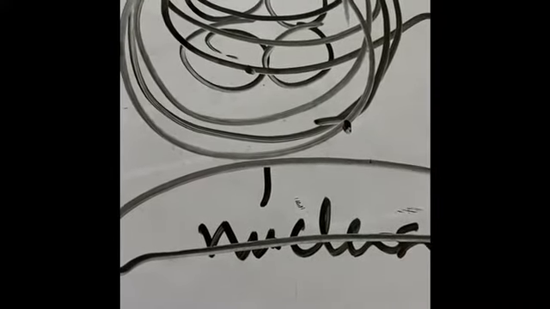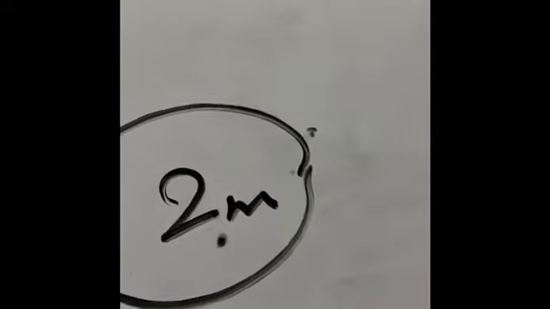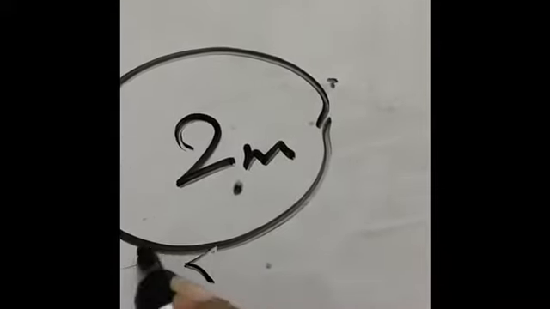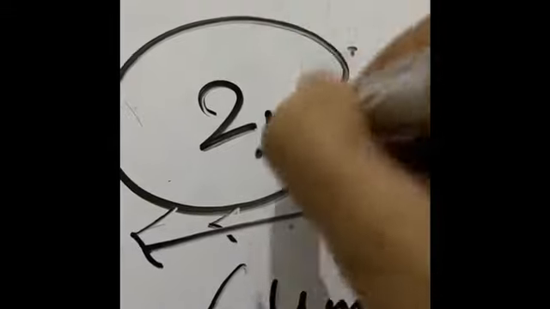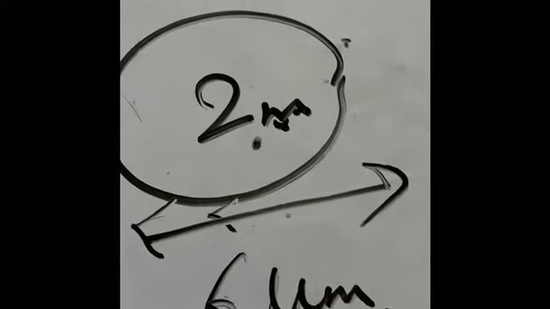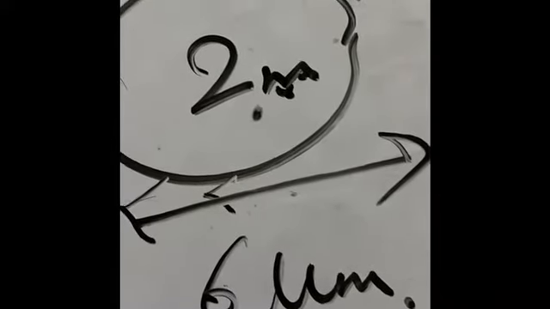Okay, so inside one nucleus, DNA of approximately 2 meters is present, while the diameter of the nucleus is just 6 micrometers. So this 2 meter DNA has to adjust inside the 6 micrometer nucleus, which means the DNA needs to be highly coiled.